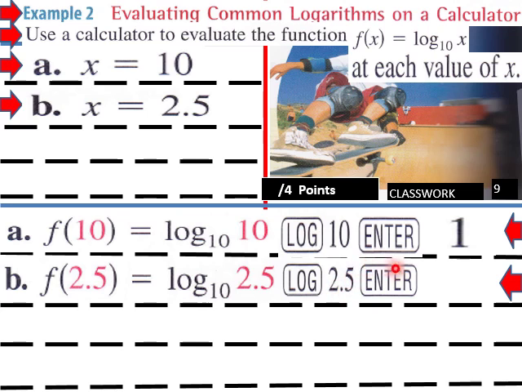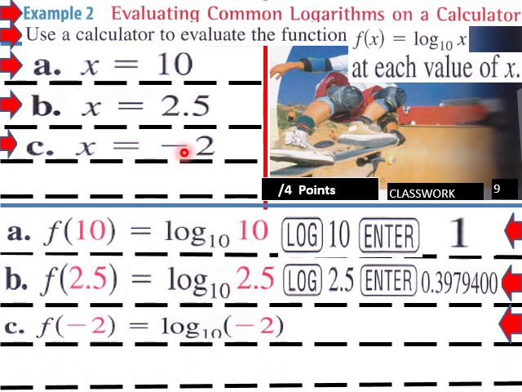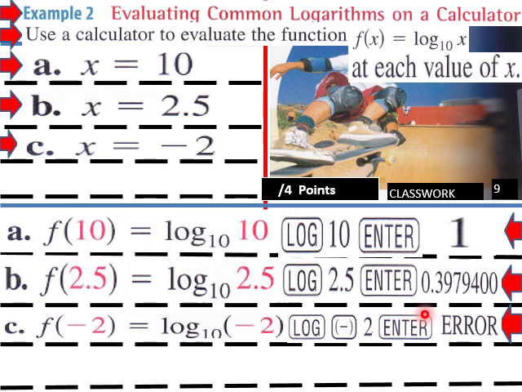You type log 2.5 enter into your calculator, and that would equal this number here, 0.3979400.